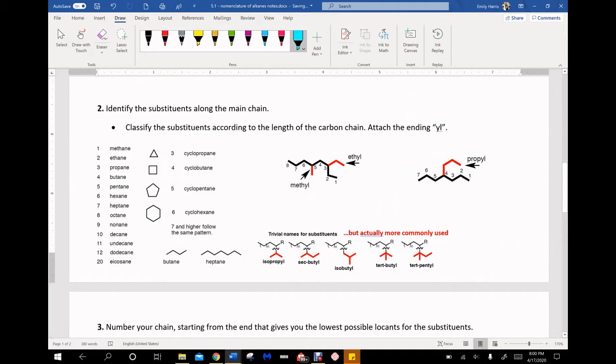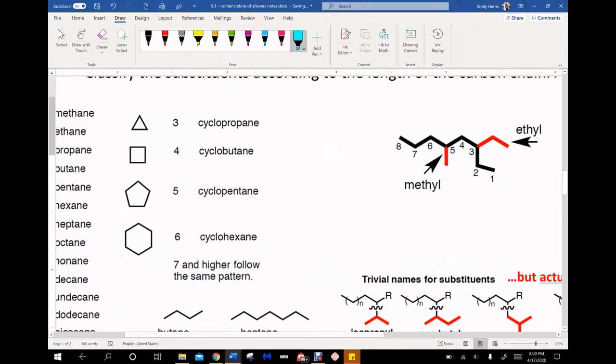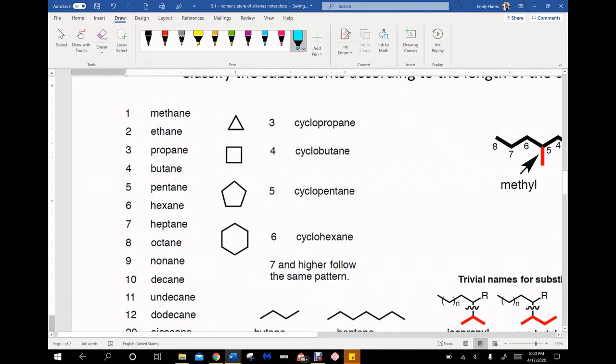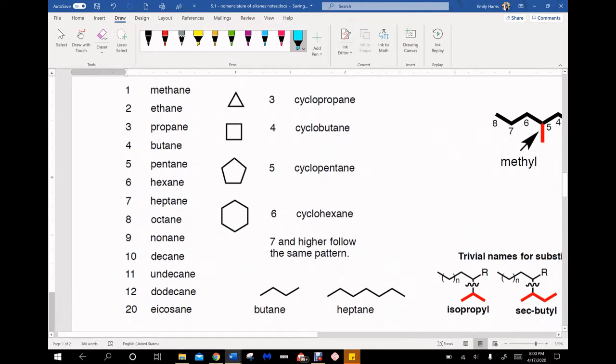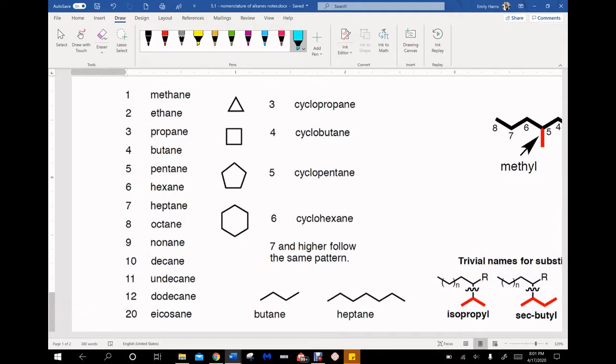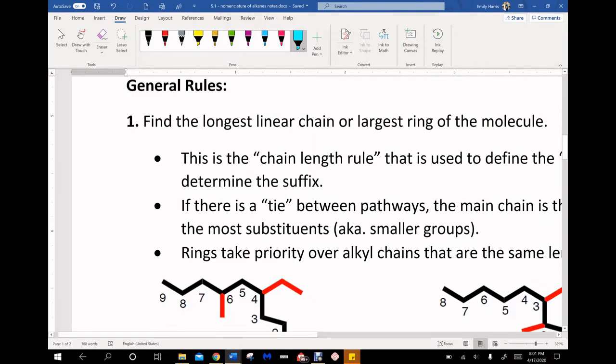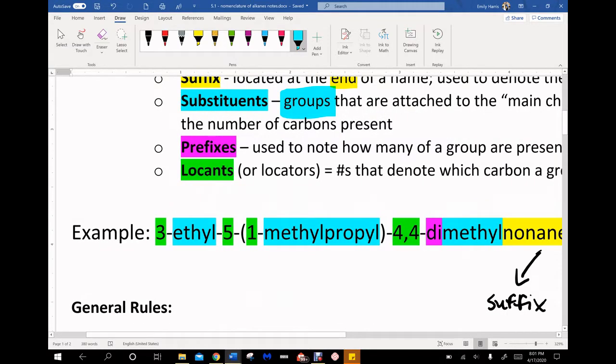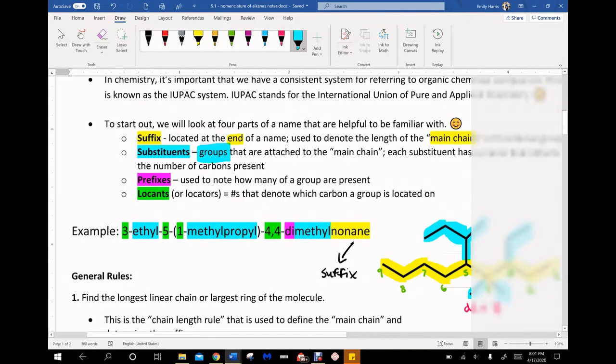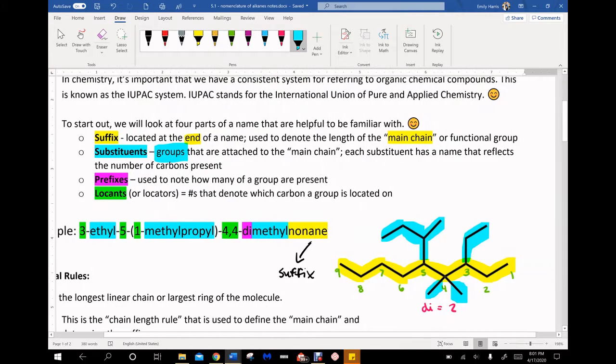There's a name associated with different numbers of carbons: for 1 we use the prefix meth, 2, eth, 3, prop, 4, but. Those groups take that prefix, like meth, and add a yl. That's where you see things like methyl, ethyl, propyl, and so on.